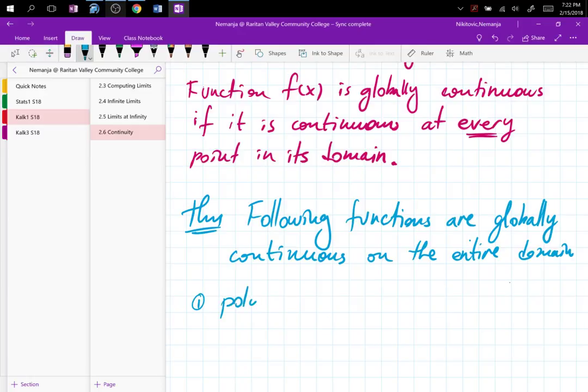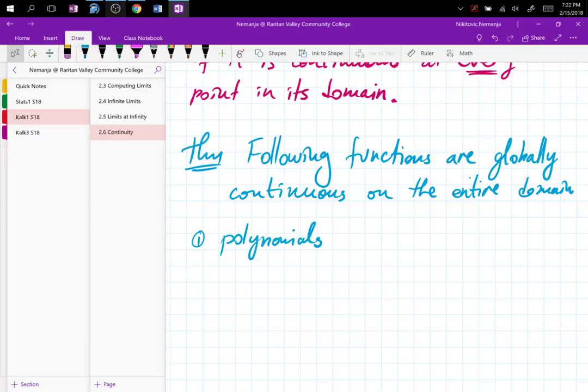Polynomials. This includes constant, linear, quadratic, cubic, whatever you can come up with. All polynomials are globally continuous on the entire domain.